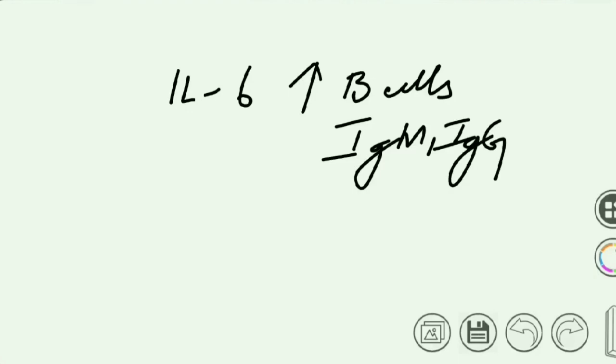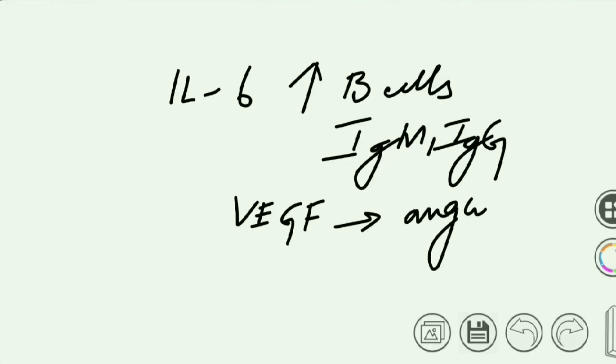It also promotes production of VEGF, that is vascular endothelial growth factor, leading to angiogenesis. So these are the functions of IL-6. Now this IL-6 cytokine storm is going to increase all this in your body.